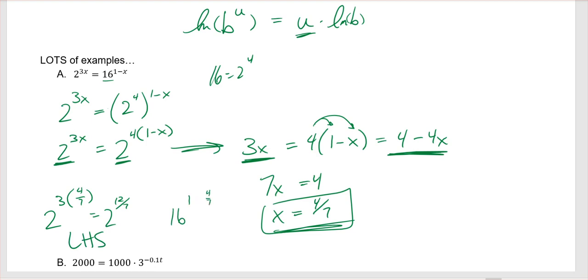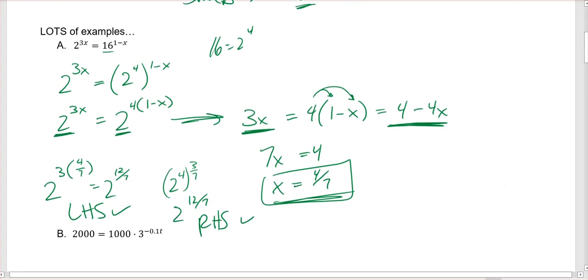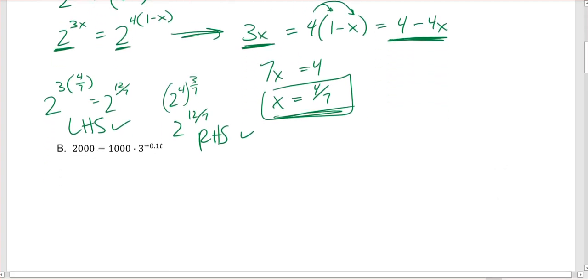So that would be 3 sevenths. And then we remind ourselves that 16 is 2 to the 4th. And in fact, we do have 12 sevenths. So that's the right-hand side. So it worked, right? They're the same, right? This is the same as this. Okay, cool. So we plugged it in and it made it a true statement. And we go on our happy way.